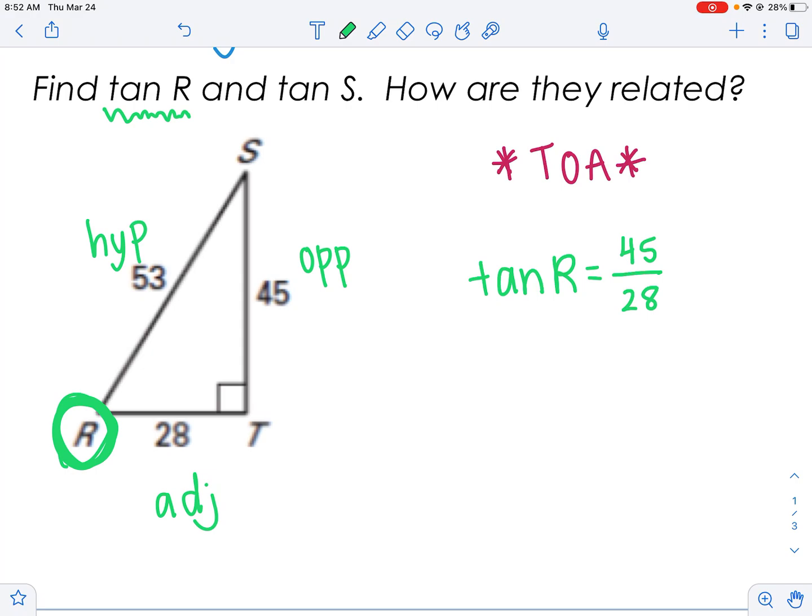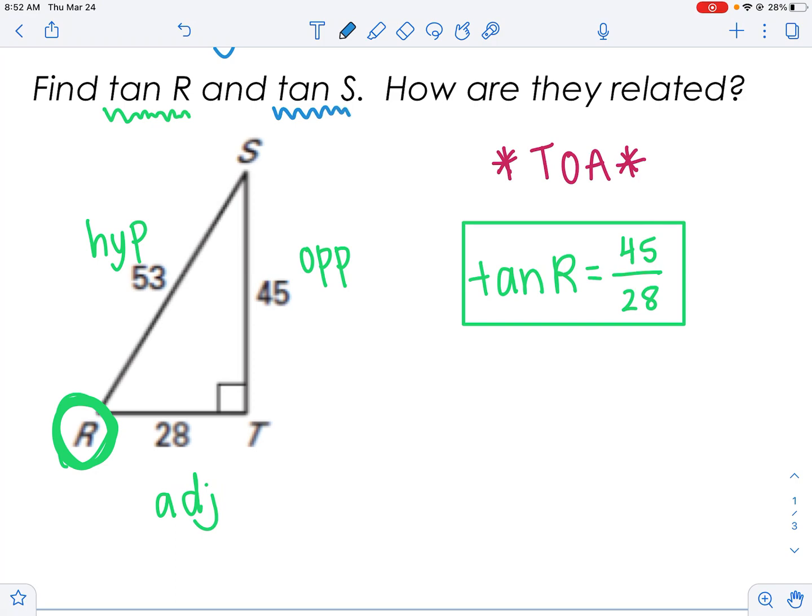And let's just say you're not sure if it reduces. If you go to your calculator and type in 45 divided by 28, it's going to give you a decimal, 1.607, and it keeps going. Then press math, enter, enter. And it stays 45 over 28. So this is one that does not reduce. That's okay.